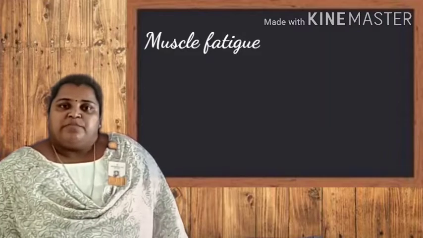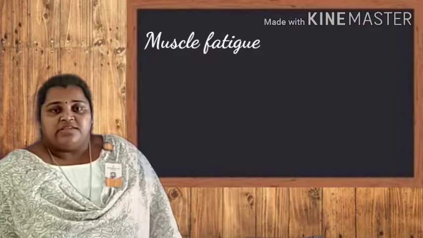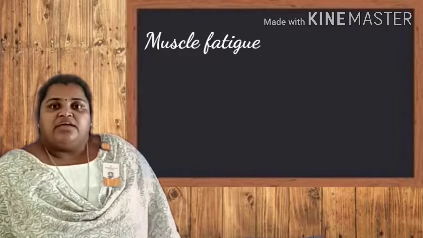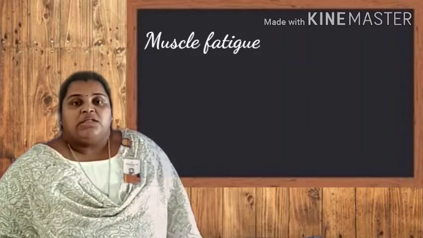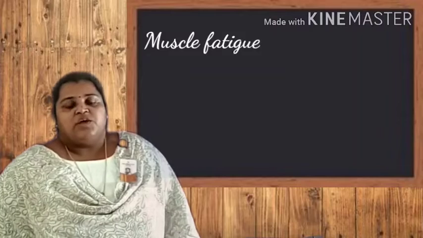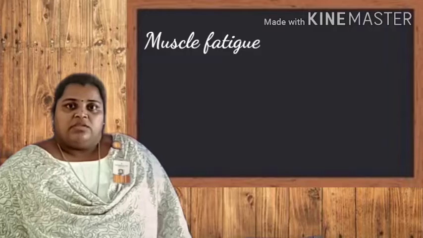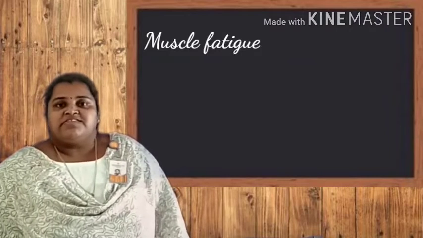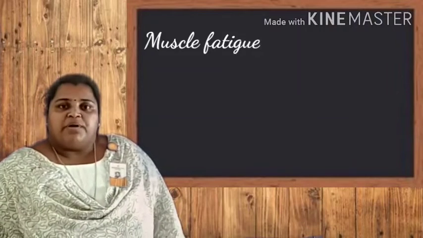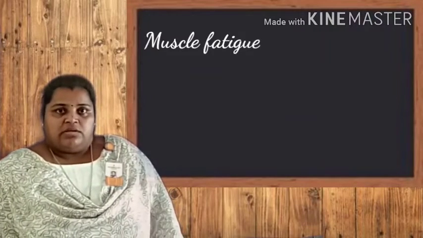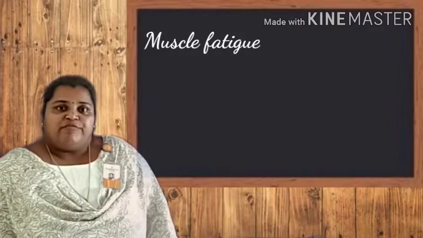During anaerobic respiration, lactic acid accumulates in the muscles and this in turn increases the acidity and slows down the action of many enzymes which control muscular contraction. As a result, muscles get exhausted and temporarily lose the power of contraction. This condition is called muscle fatigue.